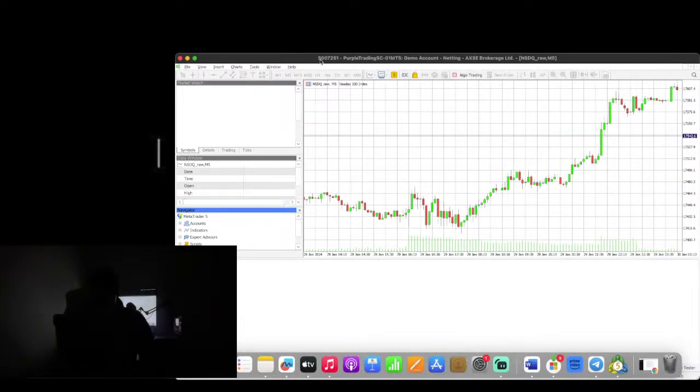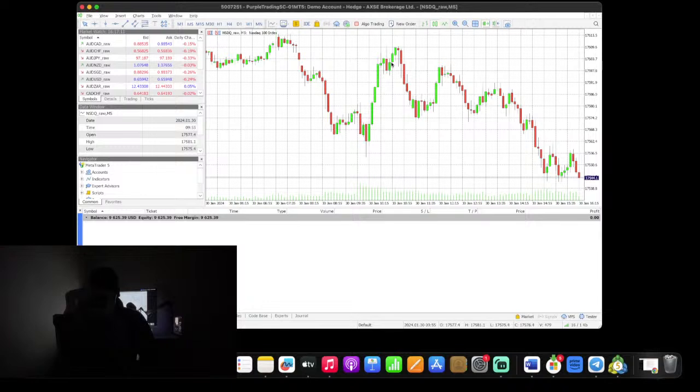So if this red candle closes below, I will open a trade.